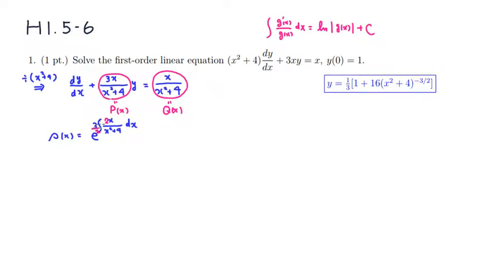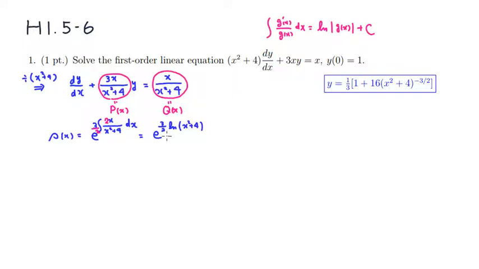That way, this is going to be equal to e to the 3/2 times the natural log of x squared plus 4. We don't really need the absolute value in this case, and when you look for the integrating factor, you don't need to put absolute value. Here, absolute value really doesn't matter because x squared plus 4 is never negative.